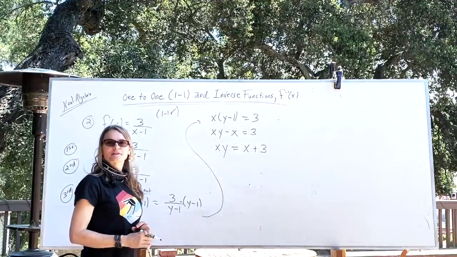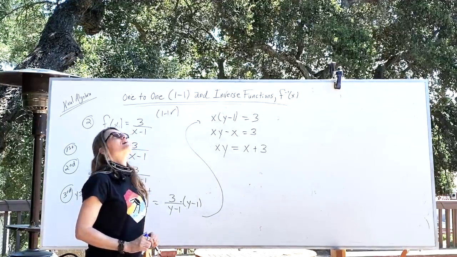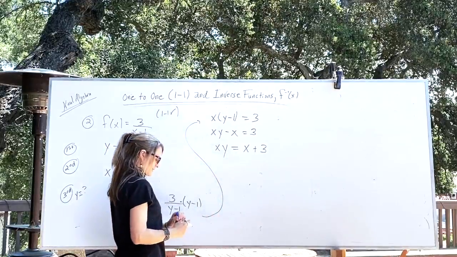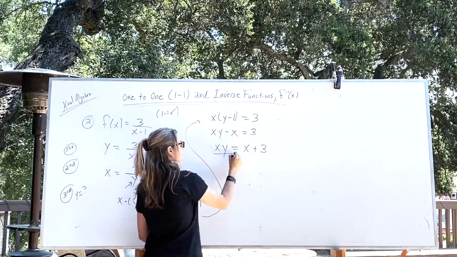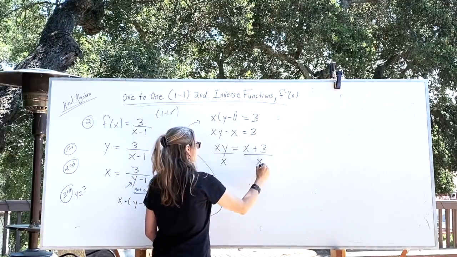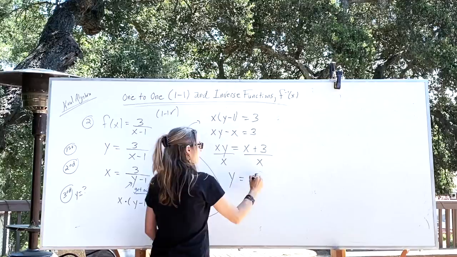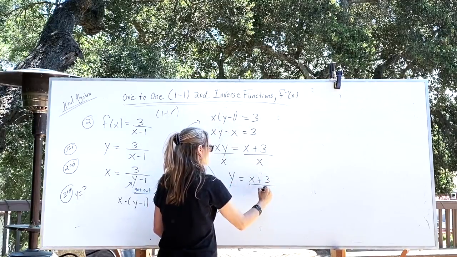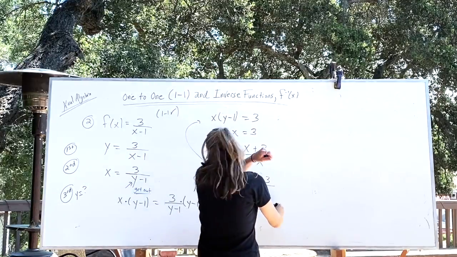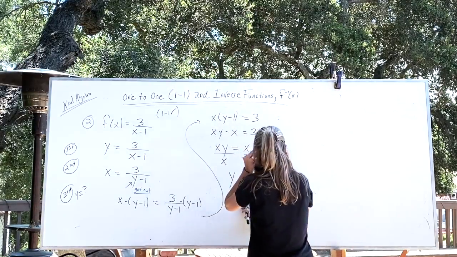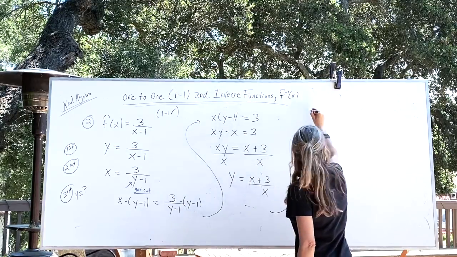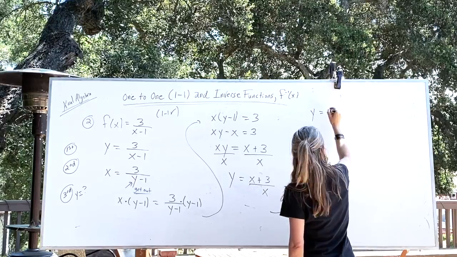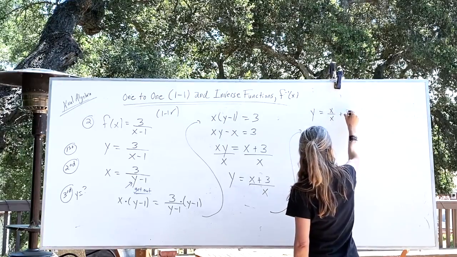I'm in the midst of a rainfall of pollen. So we have xy equals x plus 3. Now, to get this y by itself, all I have to do is divide out by x. And I get y equals (x plus 3) over x, which I can rewrite as x over x plus 3 over x.